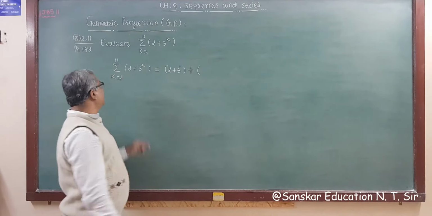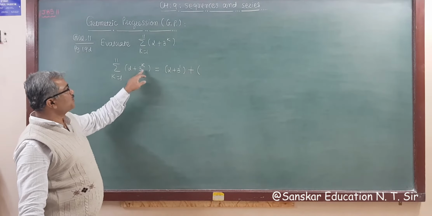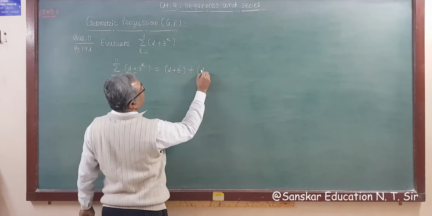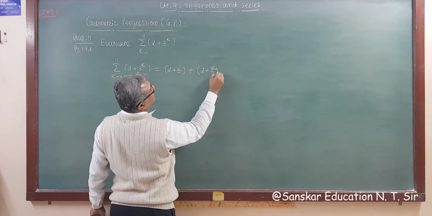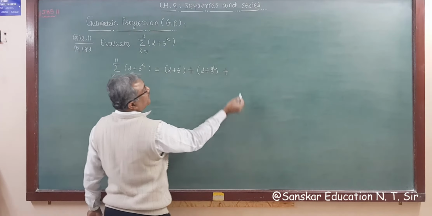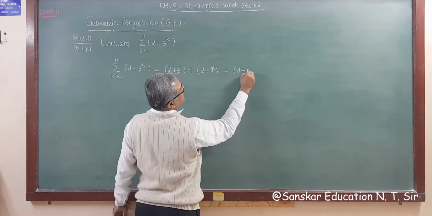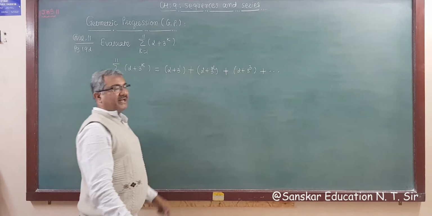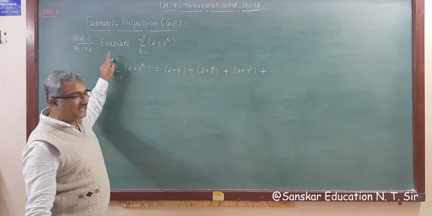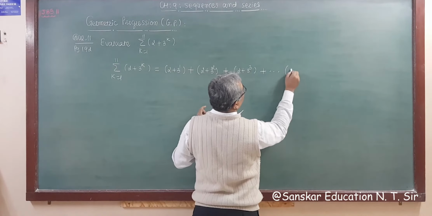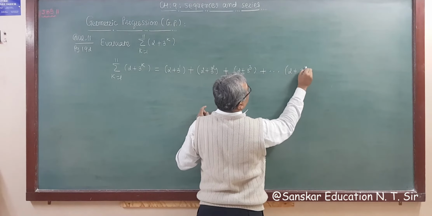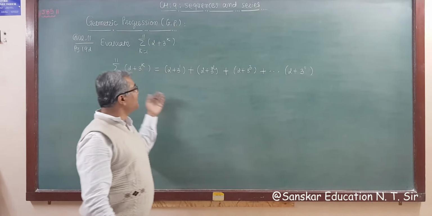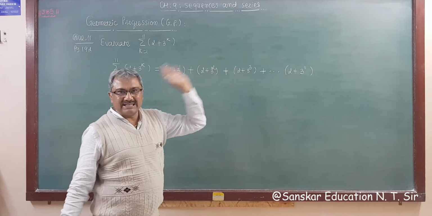If we take k is equal to 2, then this is 2 plus 3 square. If we take k is equal to 3, then this is 2 plus 3 cube, plus so on up to n. We have to take last k is equal to 11. So we get 2 plus 3 raised to 11. These are 11 brackets.